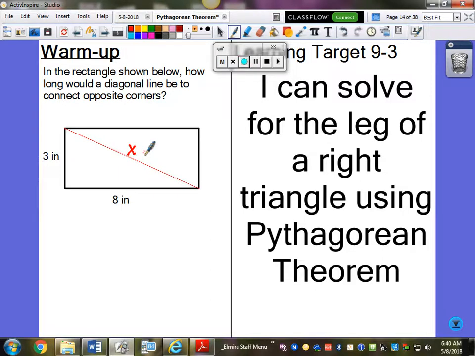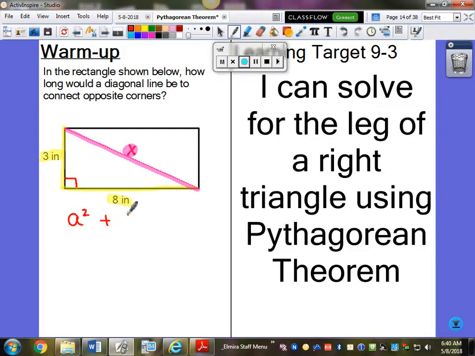Well, I see a right triangle. We all know that a rectangle has a right angle in the corner here. These would be my legs, my A and my B. And X would be my hypotenuse.